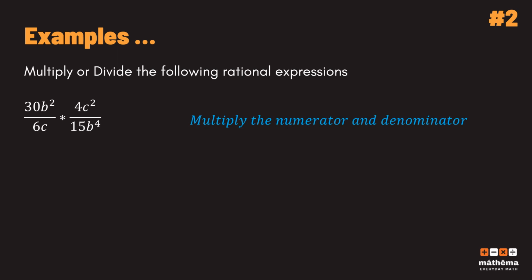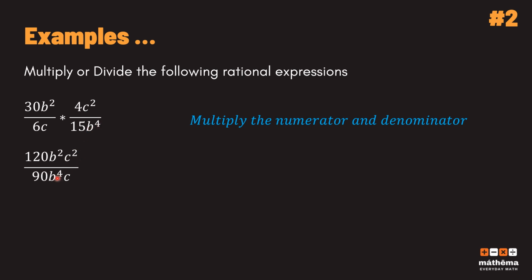In this example, 30 times 4 will give us 120, and then b squared times c squared is just b squared c squared. And then in our denominator, 6 times 15 will give us 90, and then b to the fourth power, and then c.